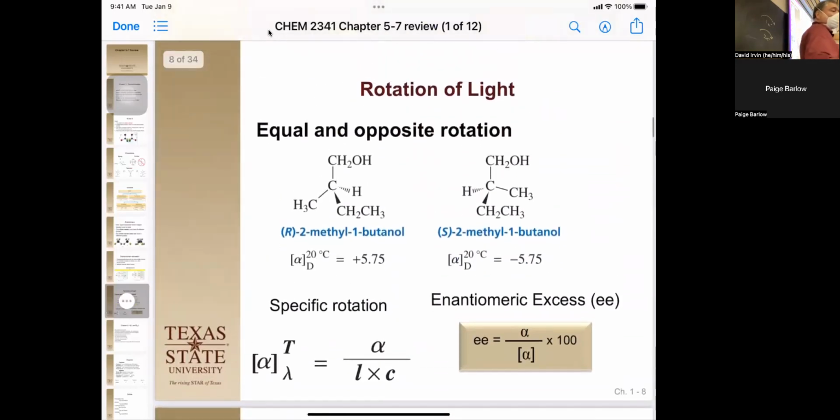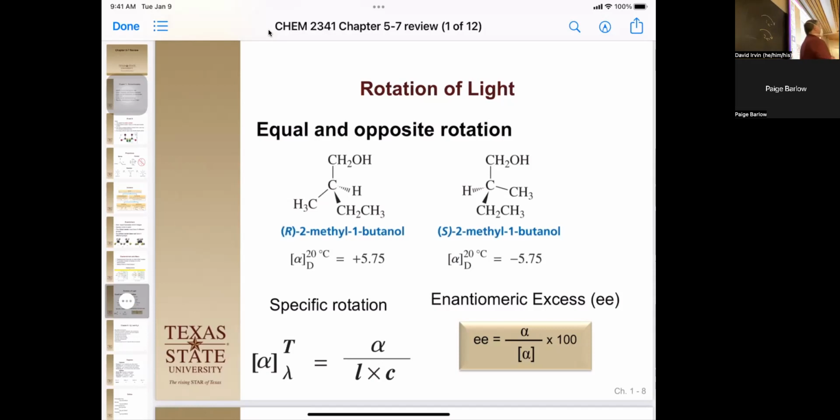And then we want to make sure we remember the rotation of light. The only way we can tell the difference between one isomer and the other is the rotation of light. One isomer is going to rotate light equal and opposite to the other isomer, and we call that specific rotation. We take into account the temperature, the length, the concentration, and the observed rotation.